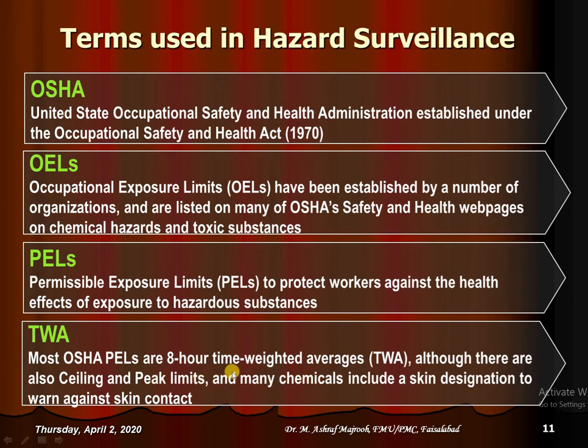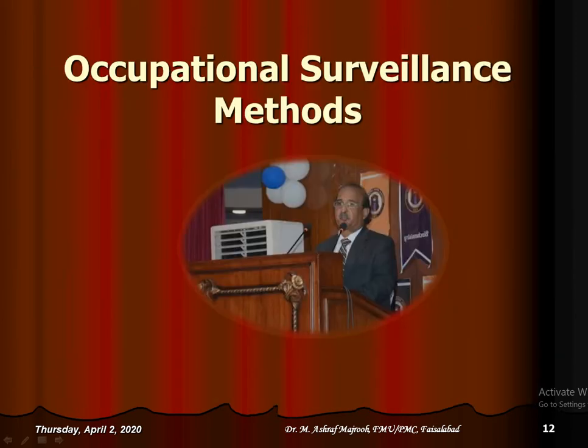The PELs are 8-hour time weighted averages, although there are also ceiling and peak limits, and many chemicals include a skin designation, worn against the skin contacts. So these are various terms used in the surveillance procedures.